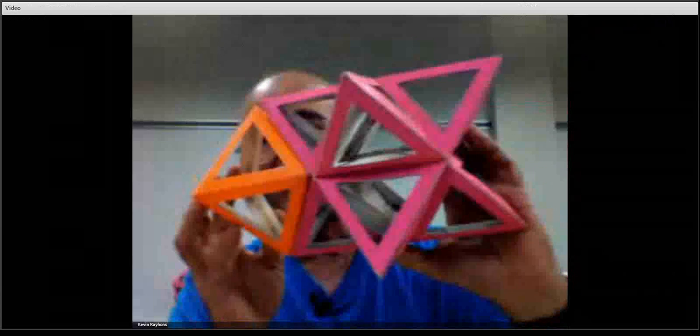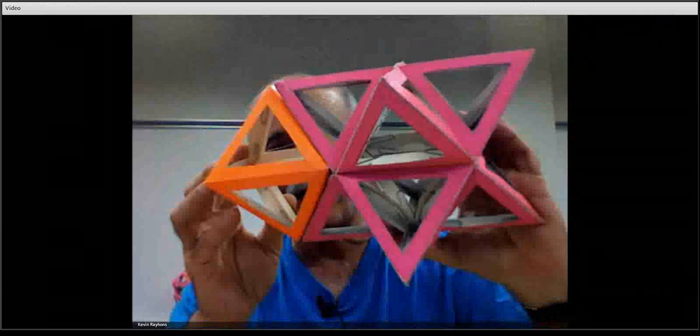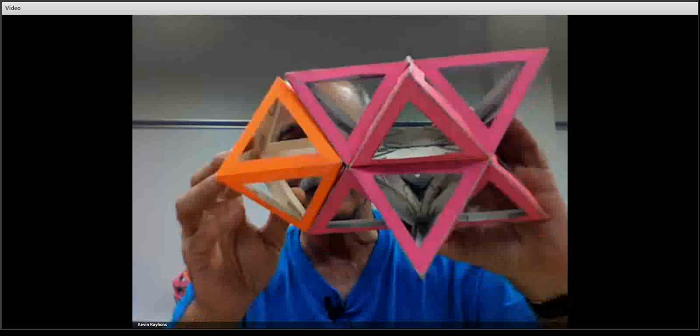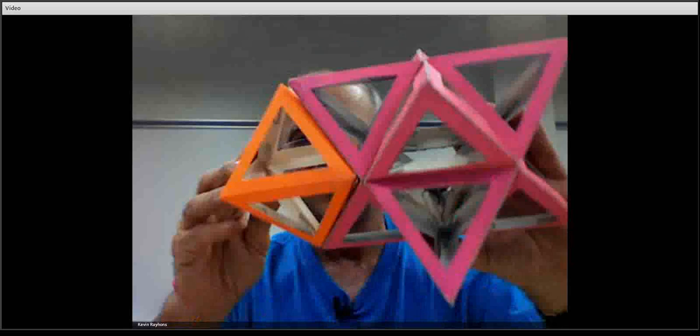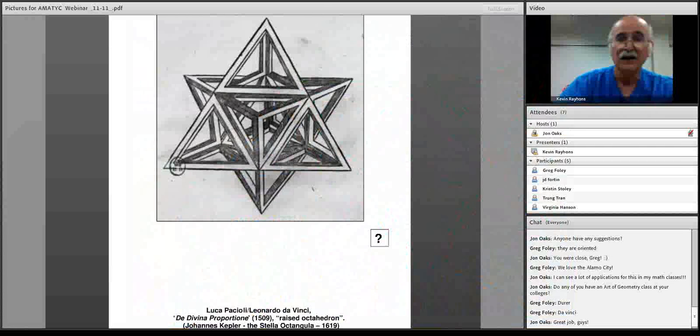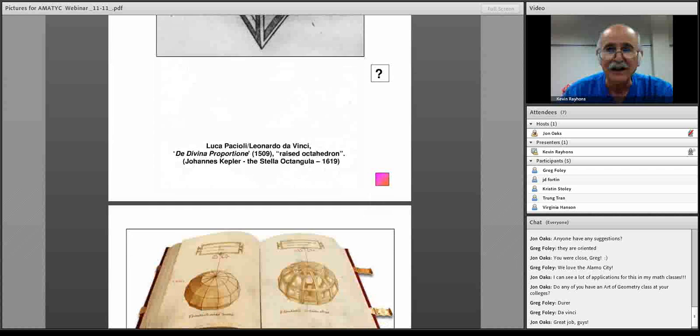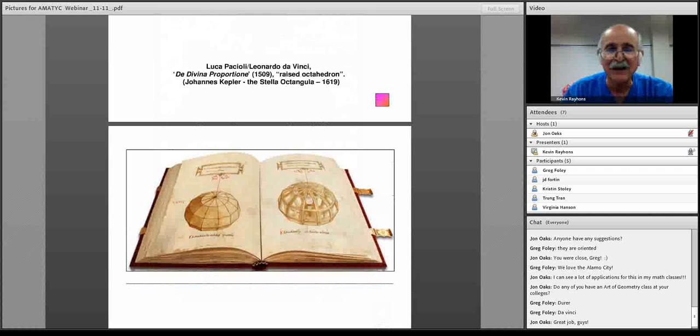So that is really the end of the line as far back as we can go, though I will show you some more fringy kind of things that may show some evidence that people knew about octas and tetras fit together. So here is a page from Pacioli's book. Those drawings are by Leonardo da Vinci.